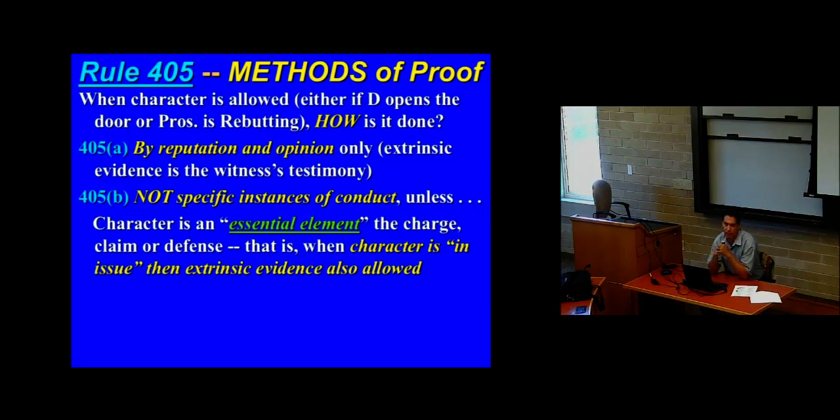So to give you an example, if we're saying the defendant is a peaceful person, the only way we can open the door on that is by bringing up a character witness that says the defendant has a reputation for being peaceful. In my opinion, the defendant is peaceful. You couldn't say, one time somebody pushed the defendant and instead of fighting back, he just said peace to you and walked away.